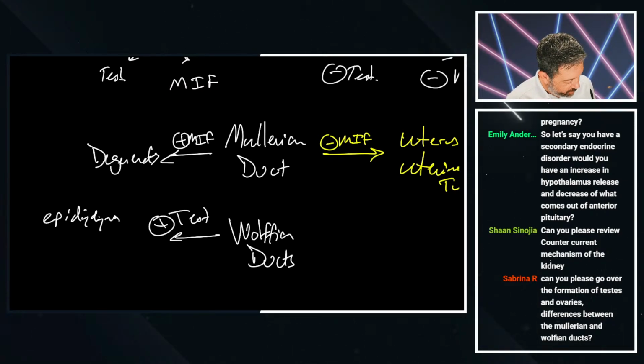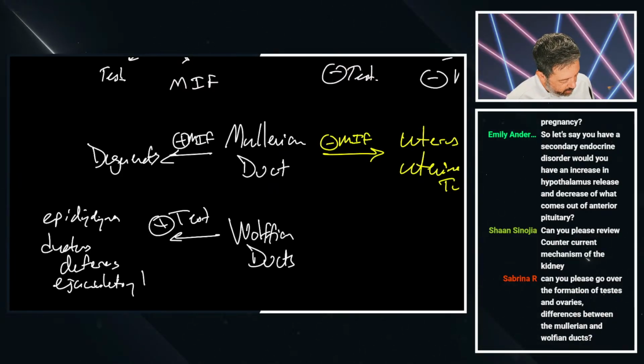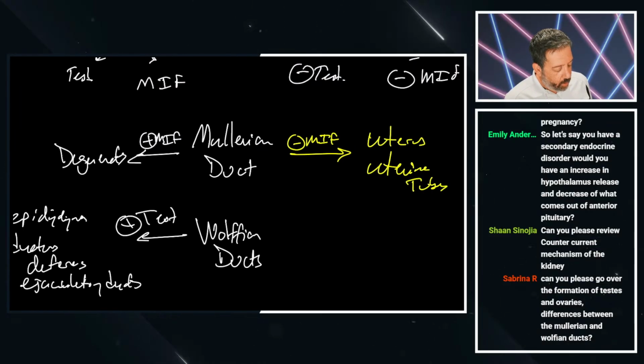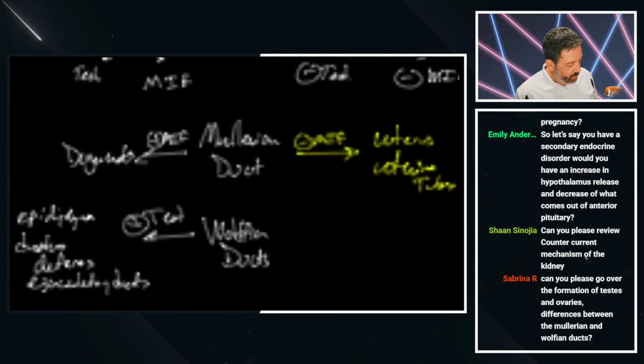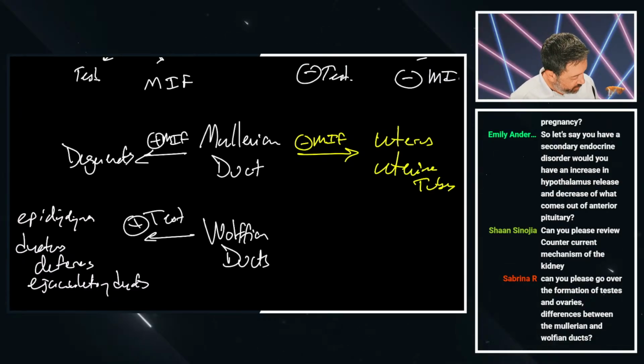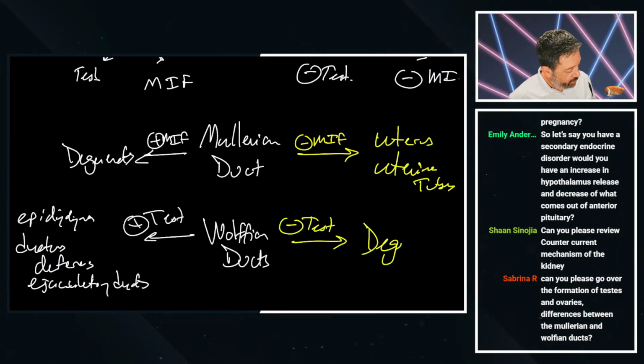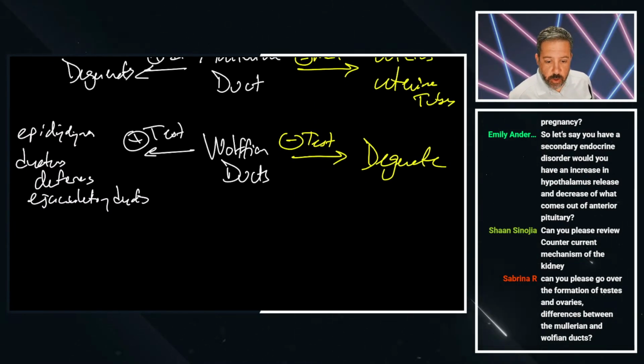I think I spelled that wrong, but you know it. The ductus deferens and ejaculatory ducts. All because of the presence of testosterone. These Wolffian ducts in females that do not have testosterone, these degenerate. So those are the two big things.